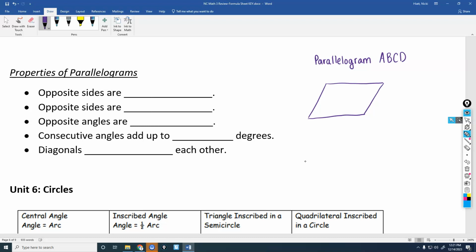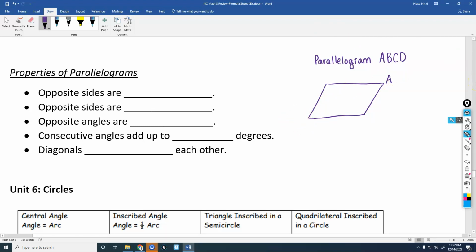It does not matter where you start. It does not matter which direction you go, but you have to go around the edges. So, for example, if I decide to put A right here, then B could go here or here, but where can it not go? This corner right over here. I cannot cut across the parallelogram.